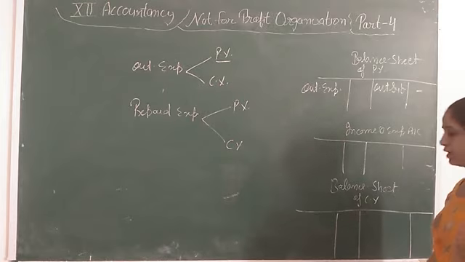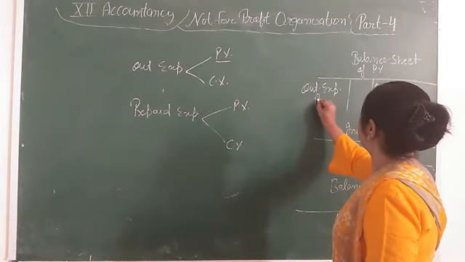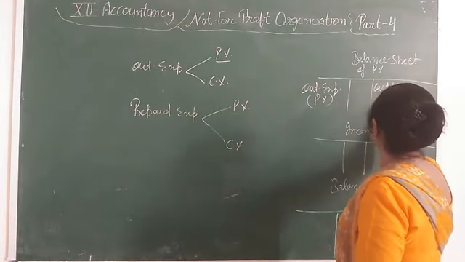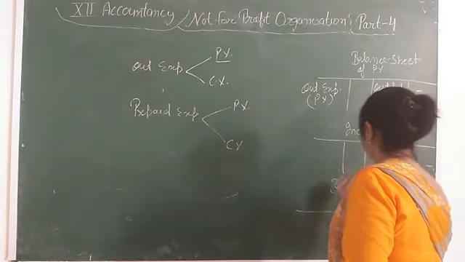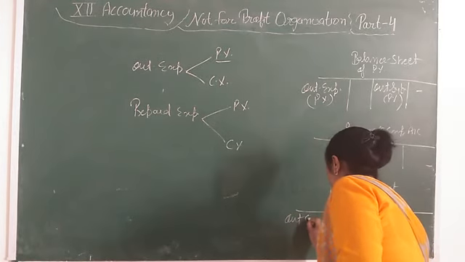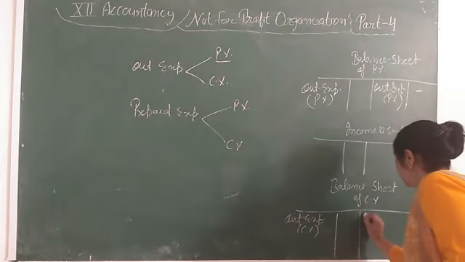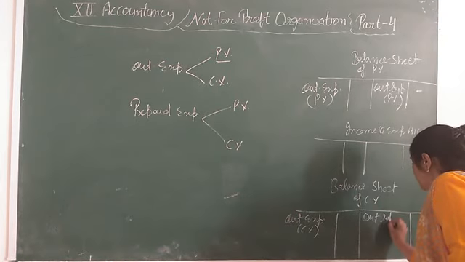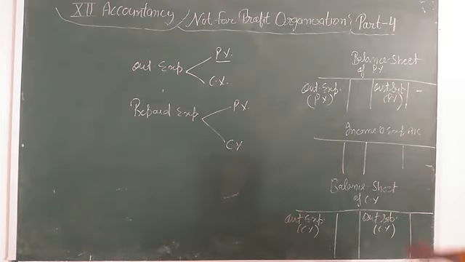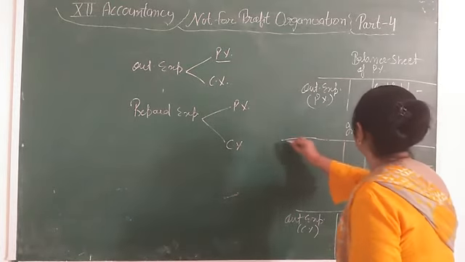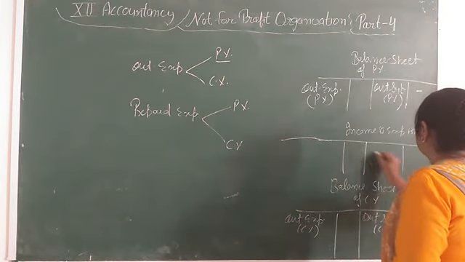Same in the balance sheet of the current year: here we will write that of the previous year, and in the current year balance sheet we will write the outstanding subscription of the current year.